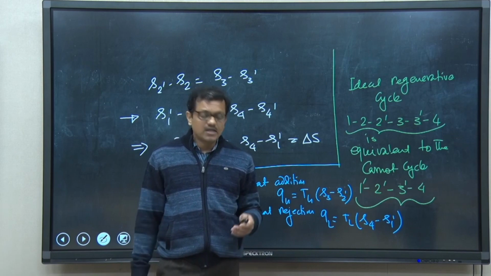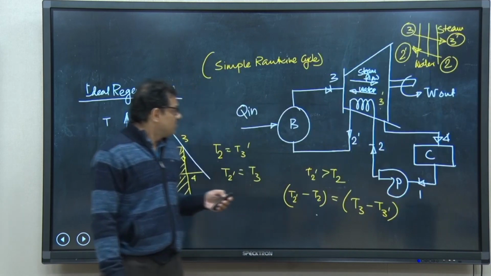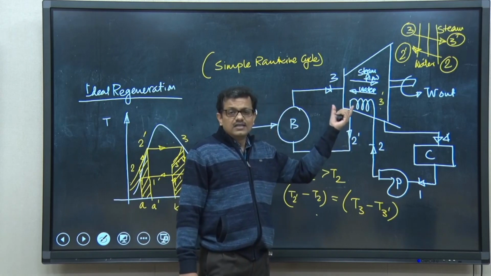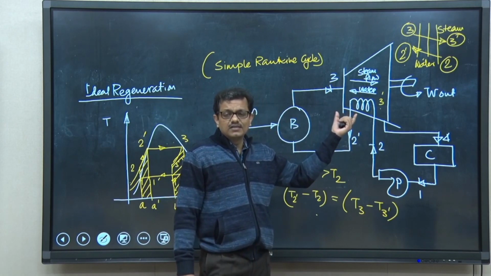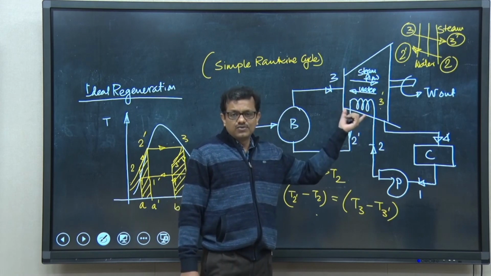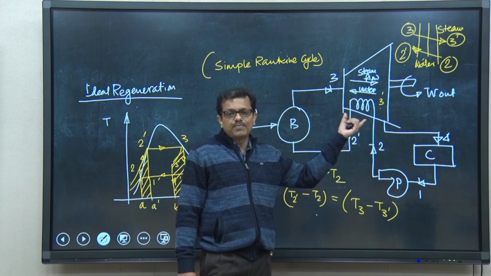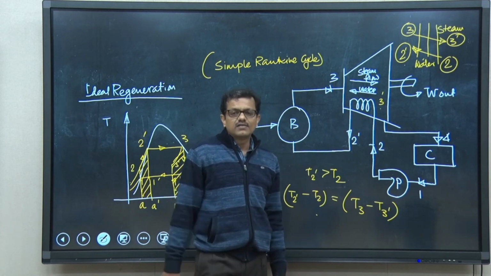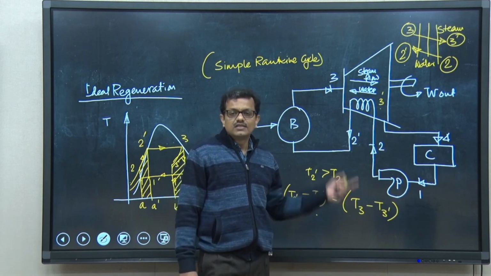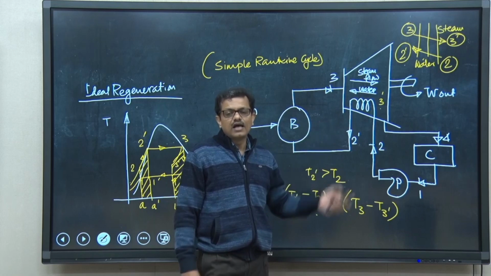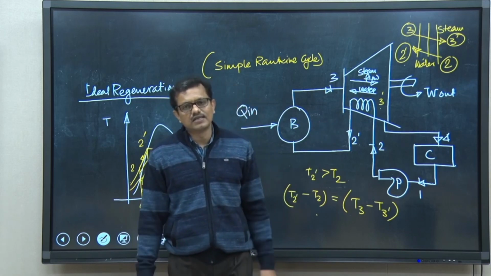But before concluding, though we could establish that the regenerative cycle efficiency is as good as the Carnot cycle efficiency, such an arrangement which we have discussed today is not a practically viable solution. There are several other ways by which the temperature of feed water can be increased before it enters the boiler, and those aspects we shall discuss in the next class.